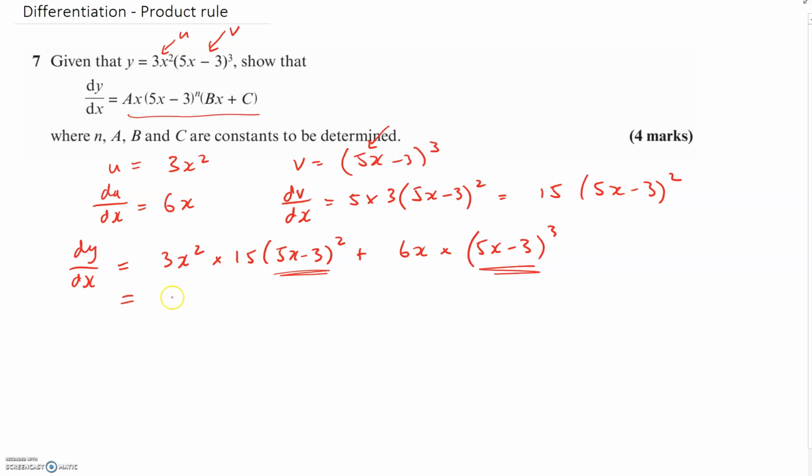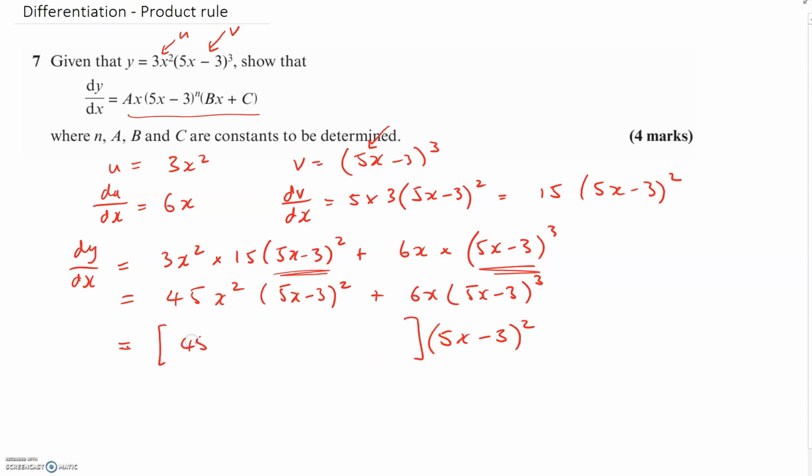First, we'll just simplify this a little bit. Which would be this, and then I could factor that out. If I factor it out, I would get, so I'll factor out this. I would get 45x squared plus 6 times one of them.